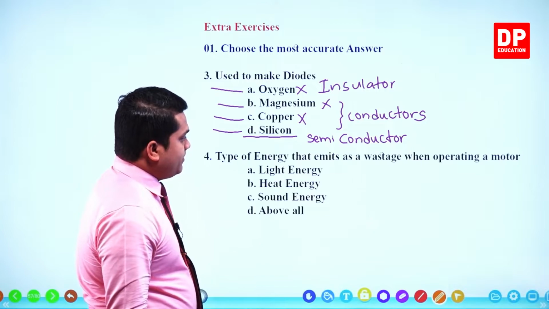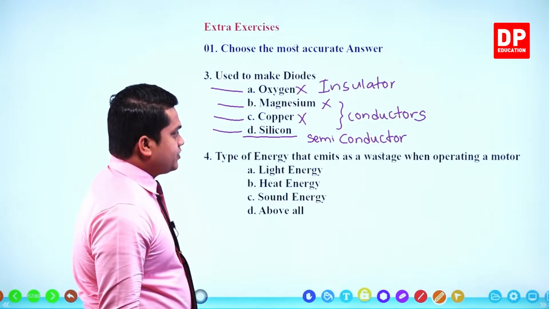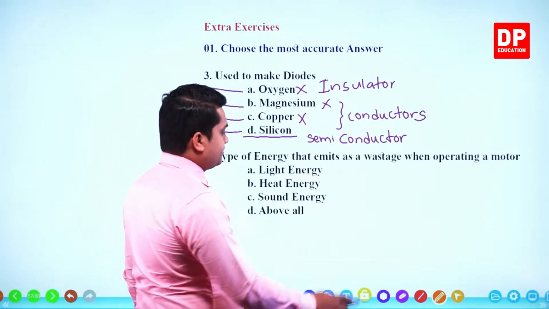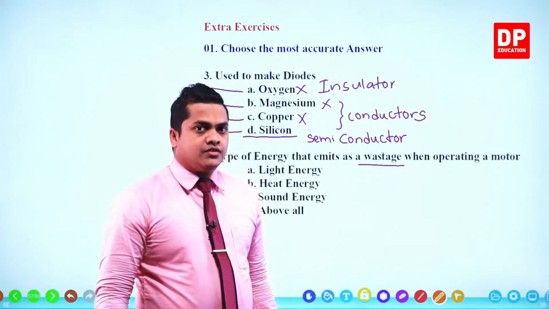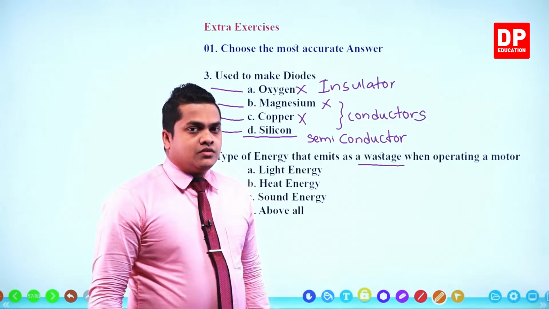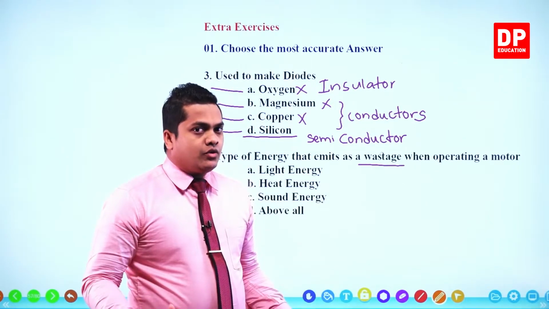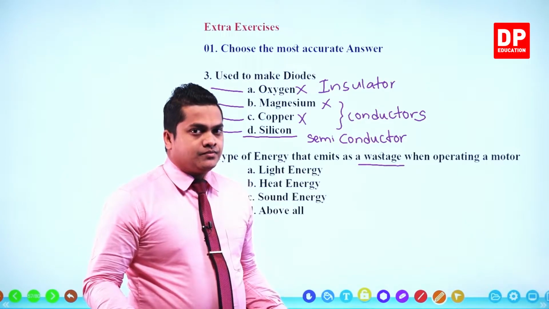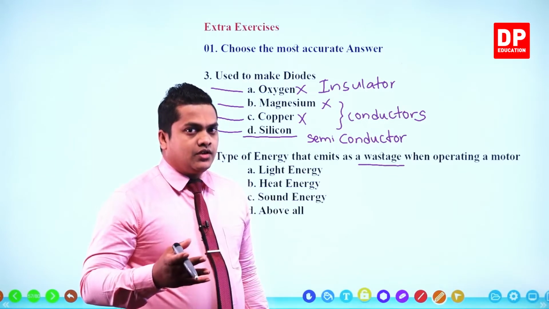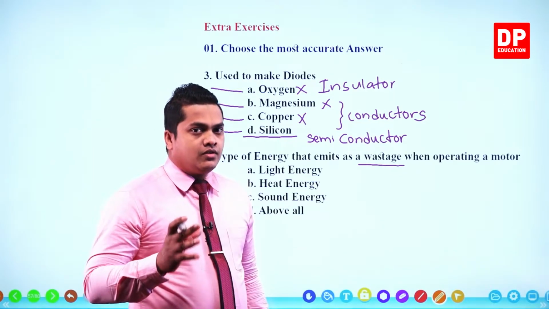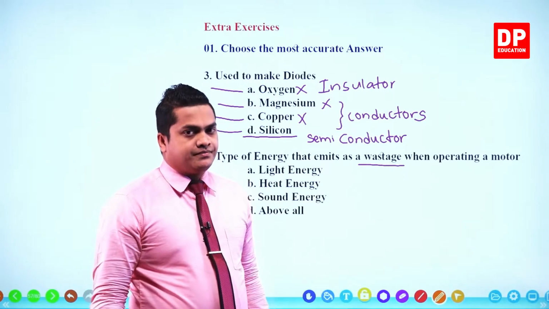Type of energy that is emitted as a wastage when operating a motor. Wastage, right? Wastage means we can't utilize that energy, right? When a motor is rotating, I think you have seen a motor rotate.